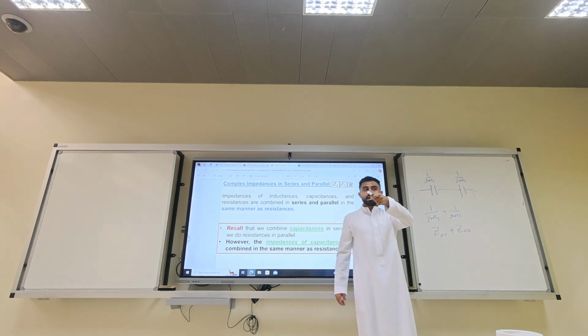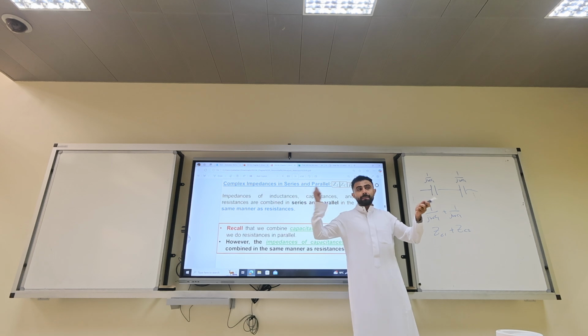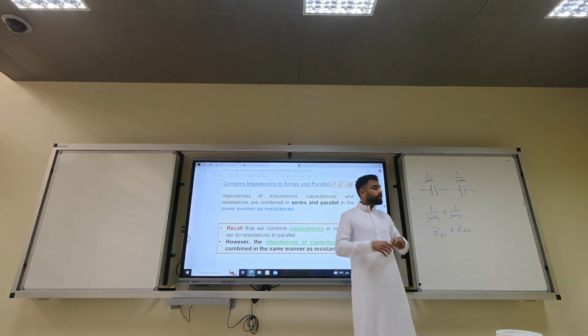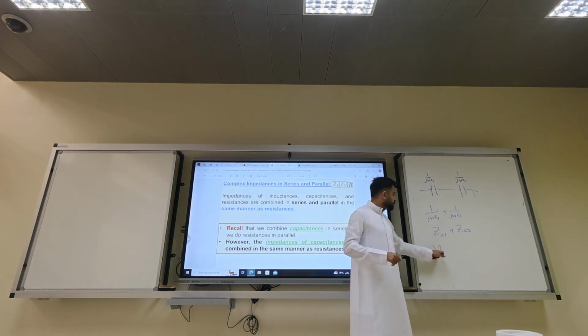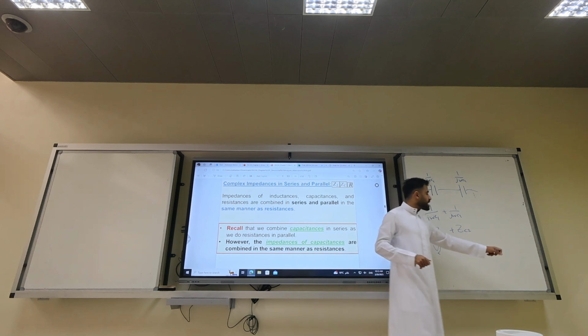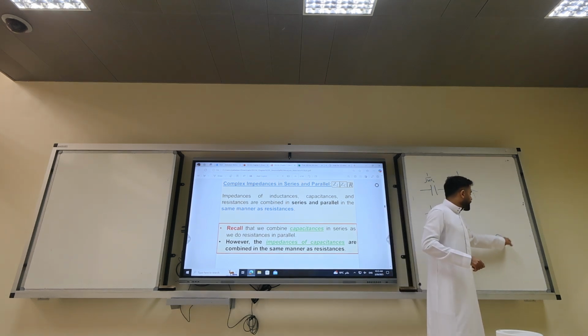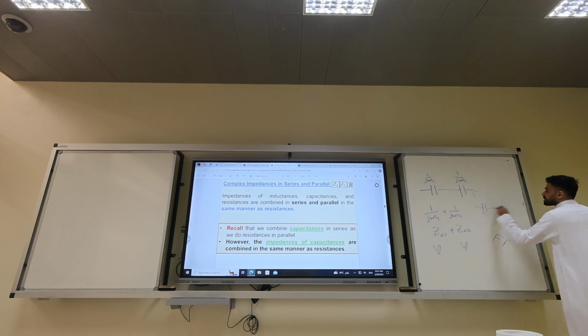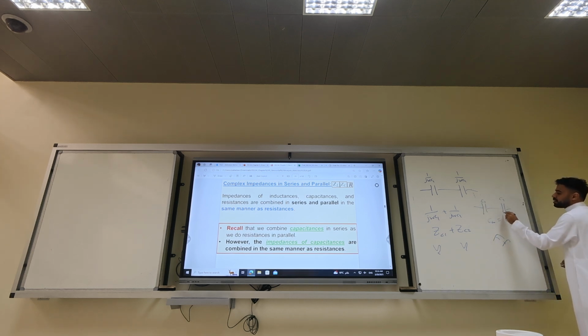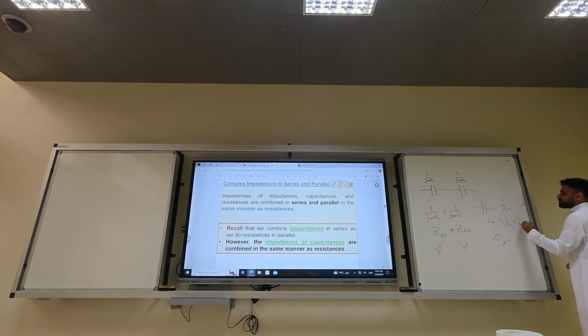This is the impedance. Impedance is different than the capacitance. Why? Because the impedance has a unit of ohm. The capacitance has a unit of farad. But if you have two capacitors, C1, C2, C equivalent is 1 over C1 plus 1 over C2, inverse. That is only for capacitance.